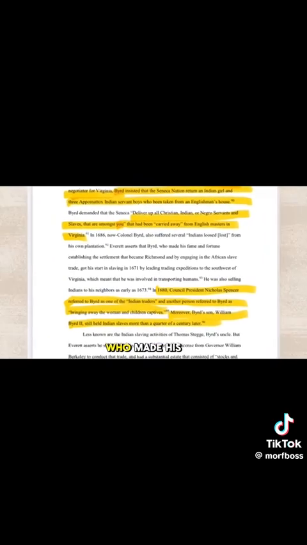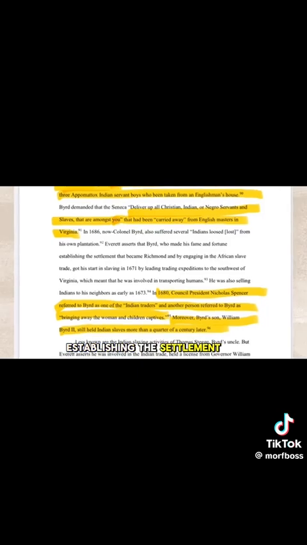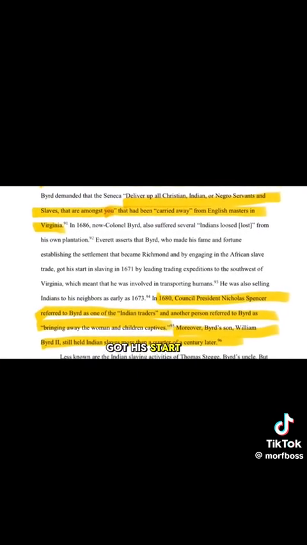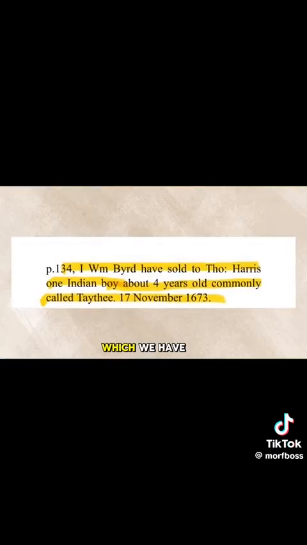Everett asserts that Byrd, who made his fame and fortune establishing the settlement that became Richmond and by engaging in the African slave trade, got his start enslaving in 1671 by leading trading expeditions of the southwest of Virginia, which meant that he was involved in transporting humans, Indians. He was also selling Indians to his neighbors as early as 1673, which we have here.